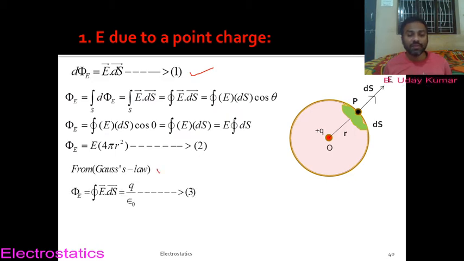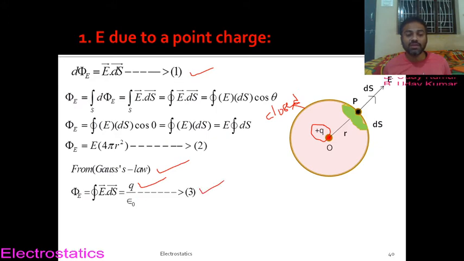But we know from Gauss law the total electric flux coming out of a closed surface. Remember, this is a closed surface. So the total electric flux coming out of the closed surface is equal to 1 by epsilon 0 times Q enclosed, that means the charge present inside this closed surface, which is plus Q. So you get Q by epsilon 0.